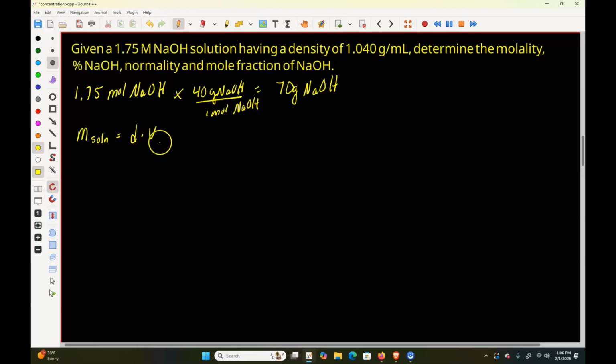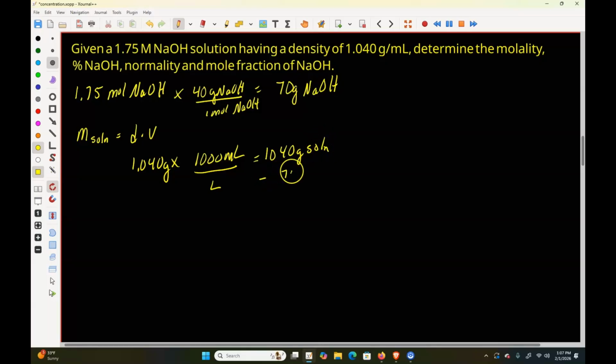So that's going to be 1.04 grams times 1,000 milliliters over liter. That's going to give me 1040 grams of solution.